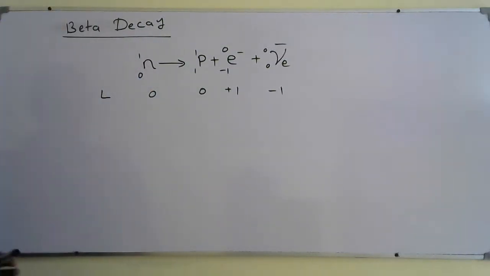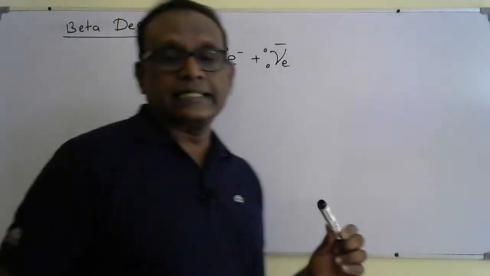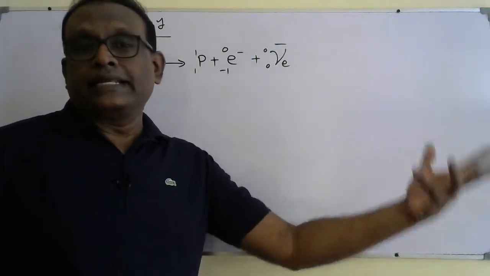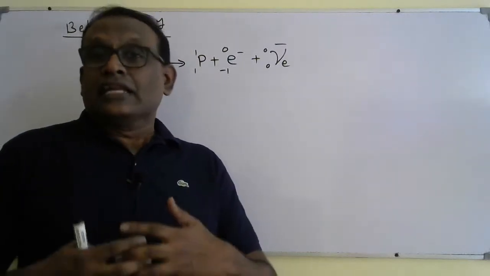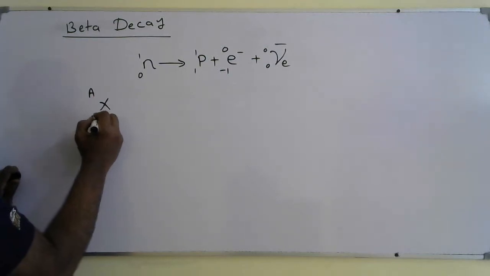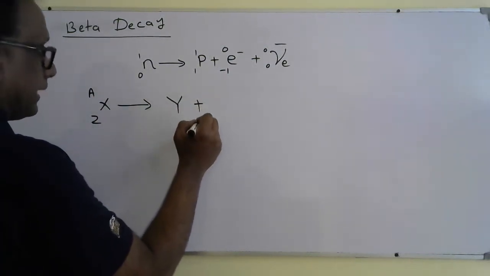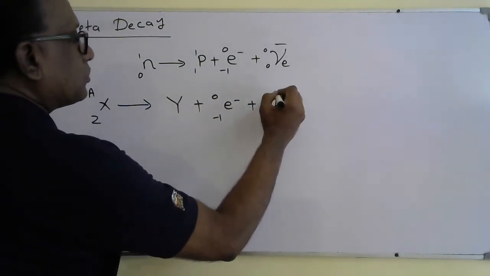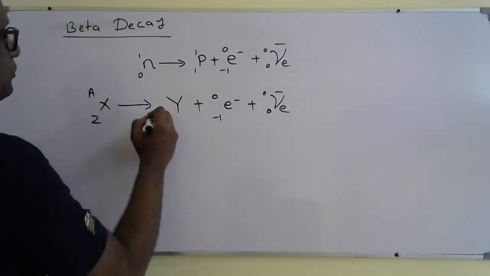This is the fundamental process inside the nucleus, the way we write beta minus decay. In terms of the nucleus of an element, X(A,Z), the parent nucleus, becomes Y, plus an electron (0,-1) plus an anti-electron neutrino. We should balance it, so the -1 means Z plus 1.